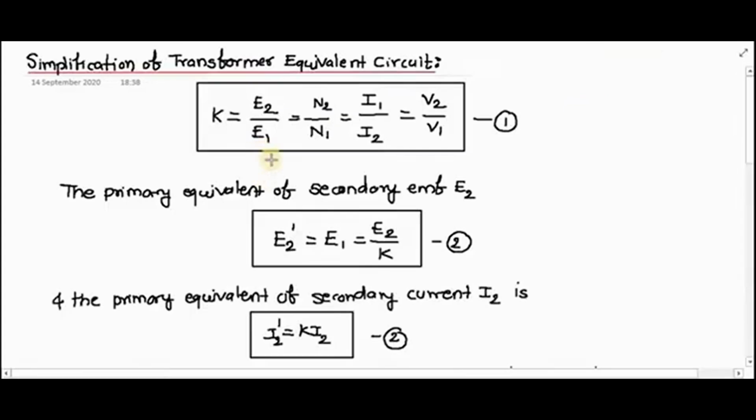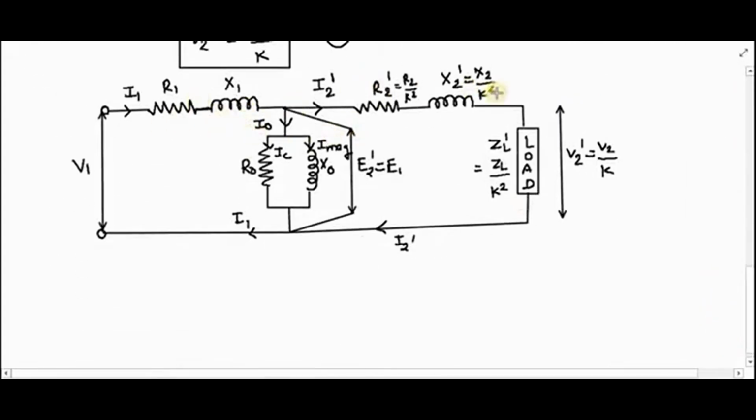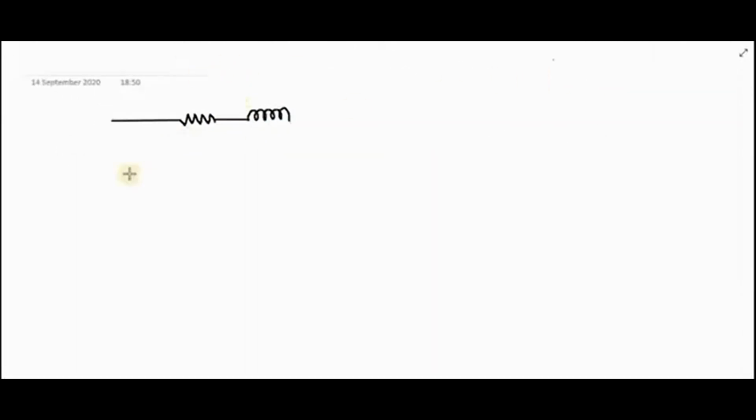Then I will draw here the resistance, leakage reactance of the primary winding. Now what we have to do? We have to transfer this shunt circuit to the input side, means before R1 and X1. So see how we are doing. I will add one shunt circuit here.